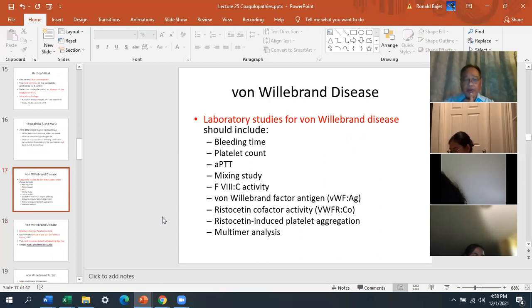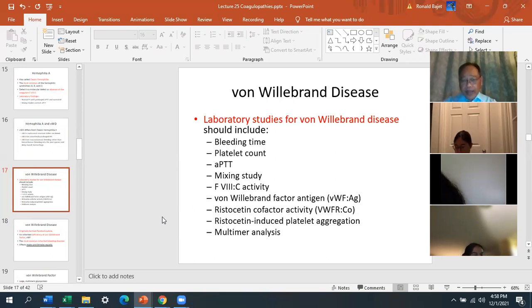So with von Willebrand's disease, the tests you should run are bleeding time for platelets, platelet count from the CBC, and a PTT. You want to do a mixing study to make sure you have a factor deficiency, and a factor 8C activity to nail down that it's a factor 8C deficiency.